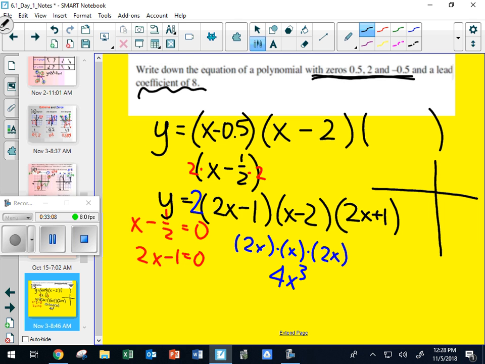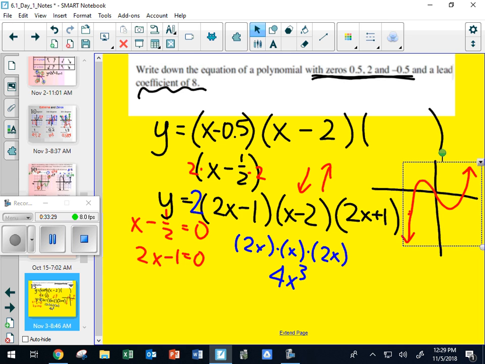And so positive, odd degree, it'll still have this trend of down and up. So it'll look something kind of like this, except moved over a little bit, right? So that we get our roots. Something like that. Okay.